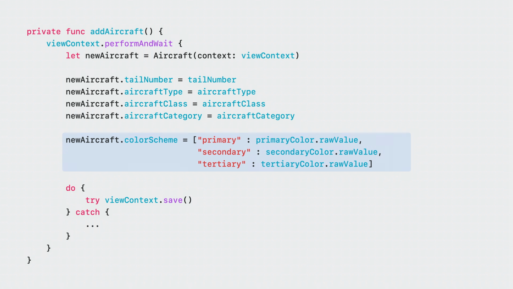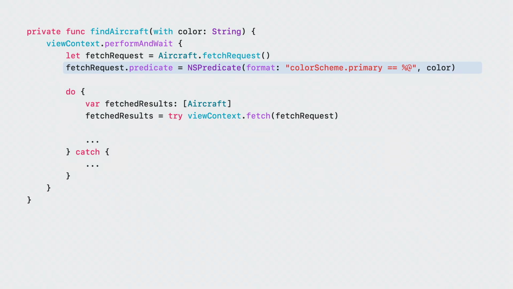Here I'm setting the colorScheme attribute of the aircraft by using the string keys primary, secondary, and tertiary. Similarly, when I configure an NSFetchRequest with an NSPredicate, the elements of a composite attribute are accessed via namespaced key path. Here, colorScheme.primary is used to filter on that attribute.